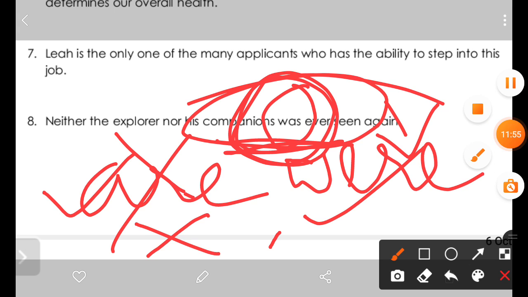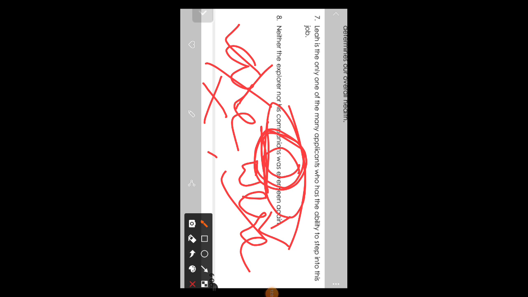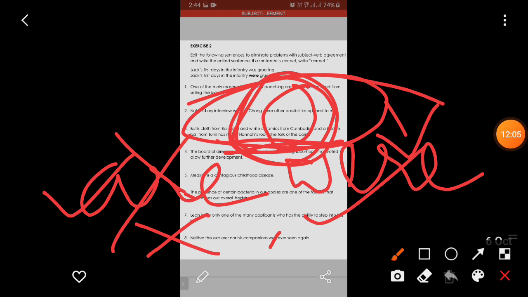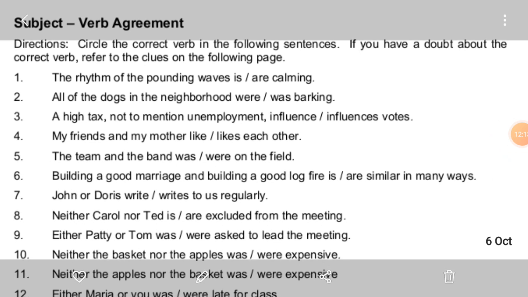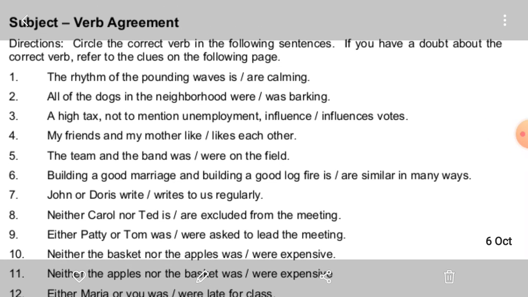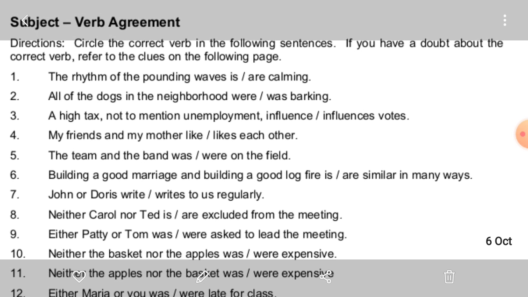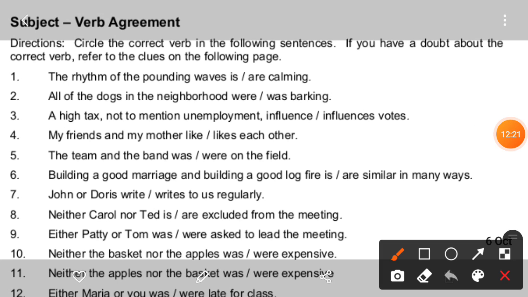So students, these are the various sentences from your exercise 2. Now let's move to another exercise. So students, here we have the next exercise. See the directions, what we need to do here. It is also a subject verb agreement exercise. The direction says to circle the correct verb in the following sentences.